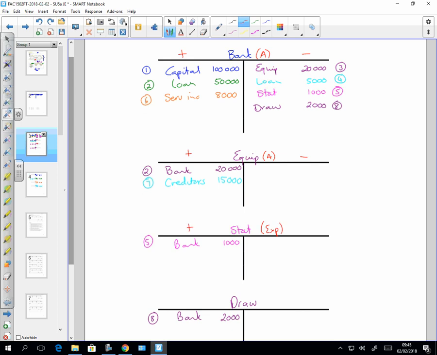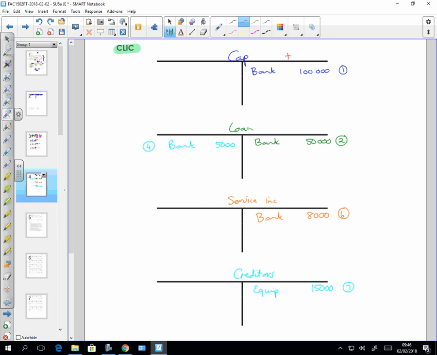More expenses, less expenses. Drawings, just say it's owner's equity for now. Drawings, more drawings, less drawings. Isn't drawings the opposite of capital? So on your next page, can you see drawings got bigger on the left, capital gets bigger on the right. They are opposite to each other.